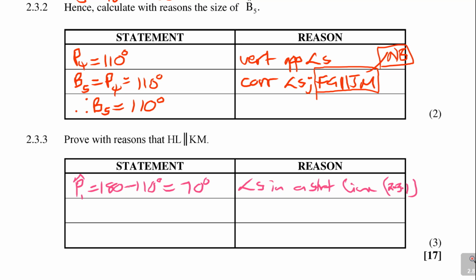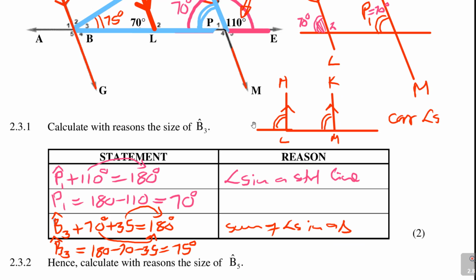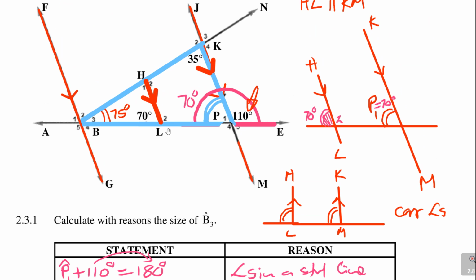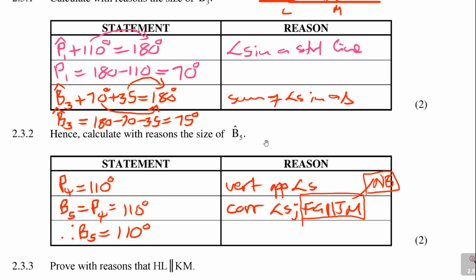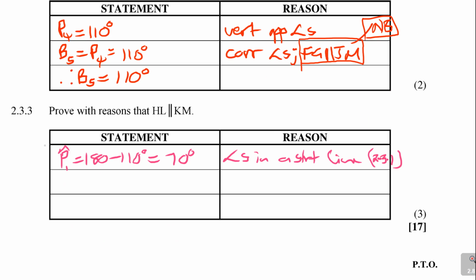Then from there you are also going to say, but L1 is equal to 70 degrees. Use the word but.